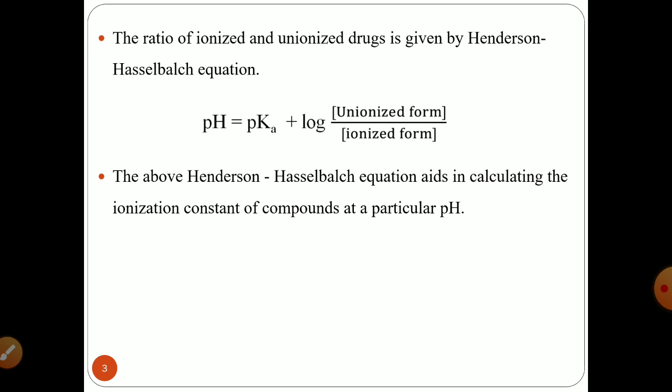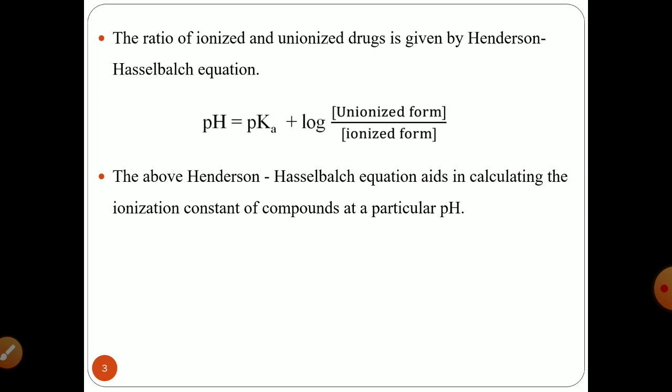The equation says that the pH of any compound is equal to its dissociation constant plus the log of the ratio of the concentration of the unionized form of the drug to the concentration of the ionized form. So the equation is pH equals pKa plus log of the ratio of the concentration of unionized form to the concentration of ionized form.